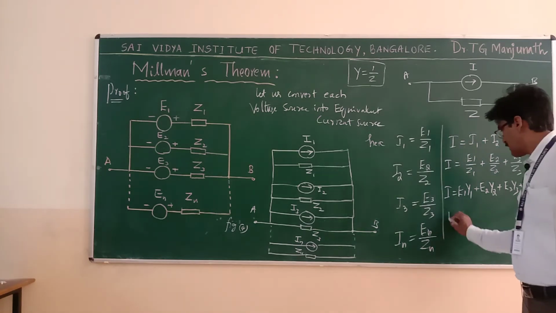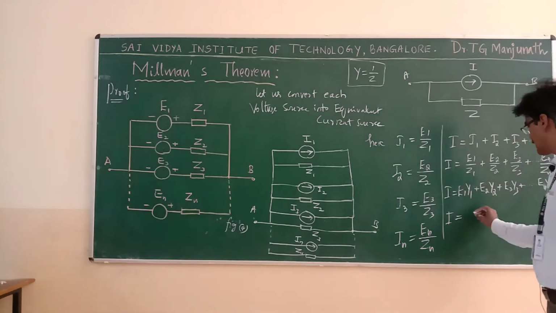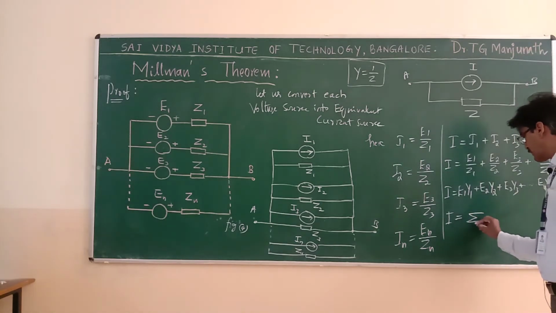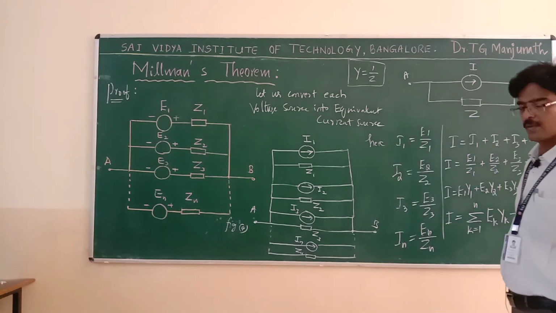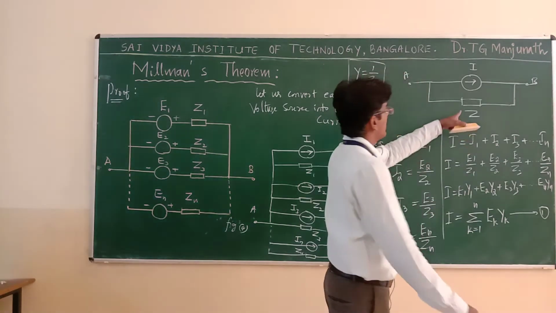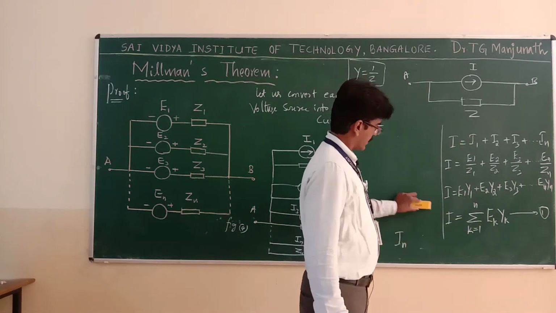Now I can express this in summation notation: sigma k is equal to 1 to n of Ek Yk. This is your I. Let this be equation number 1. Now I should find the value of Z.